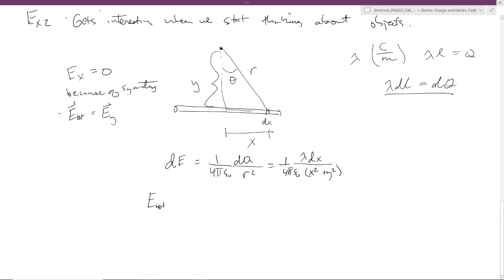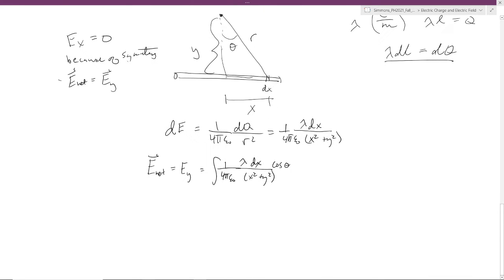I think I'd been using the terminology net before. It's going to be Ey, and it's going to be, so this differential, and we'll pick up a factor of cosine.